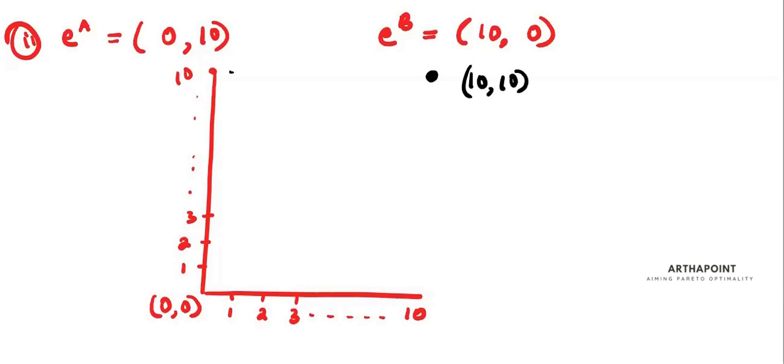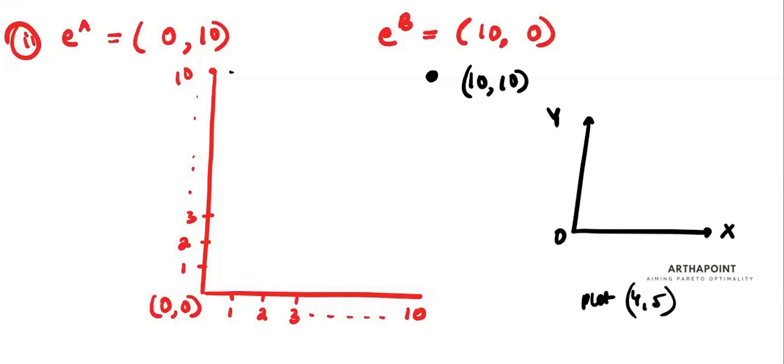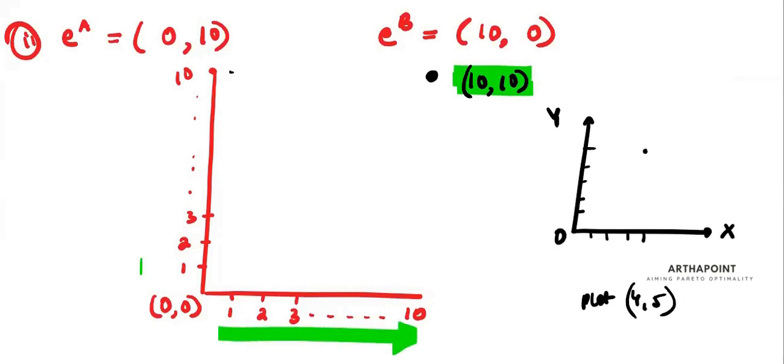Right? So just imagine this. If I ask you to plot something on the XY axis, and I ask you to plot the point 4, 5. How do you plot that? You go 4 here, you go 5 here, and this is your point 4, 5. Similarly, if I'm asking you to plot 10, 10, what would that be? You go 10 on the x-axis, 10 on the y-axis, and you get the point 10, 10.